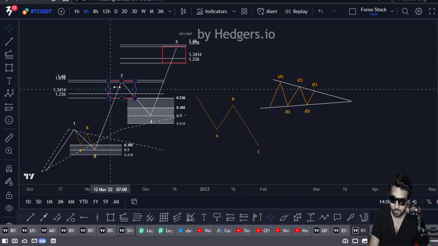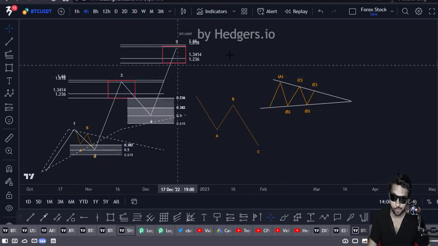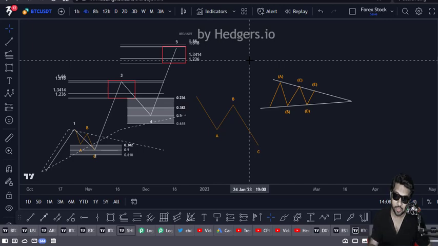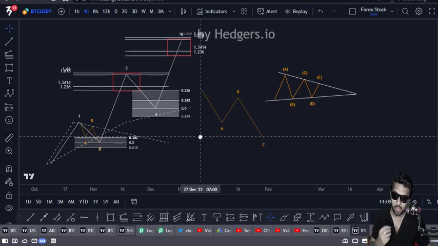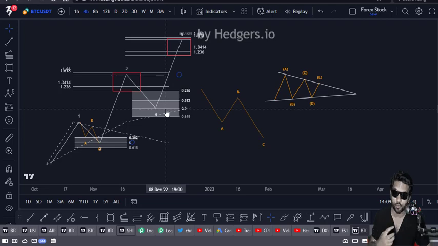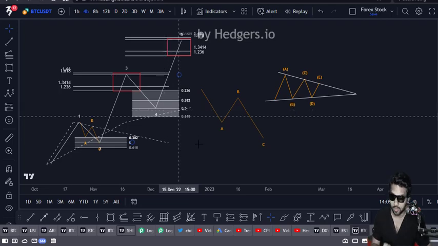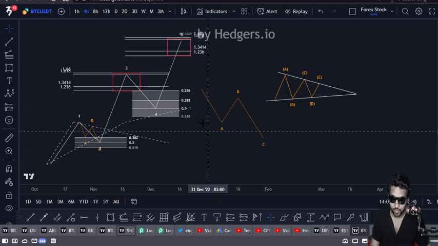This is how you use the Fibonacci ratios to know the exact targets of the wave 1, 2, 3, 4. And I also teach you how to know the Fibonacci ratios for the corrective wave as well. That is subdivided into ABC as always.